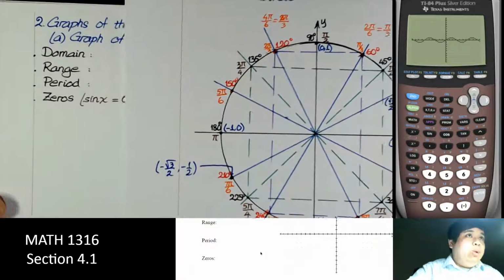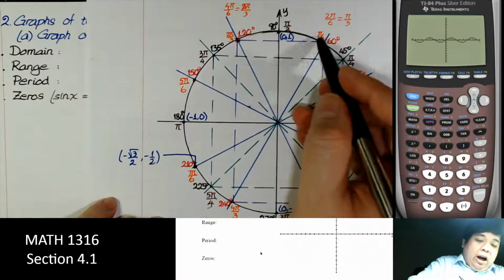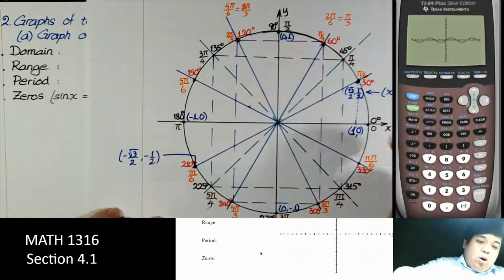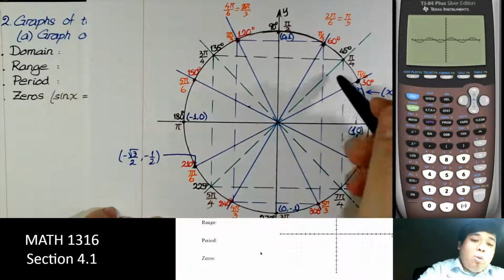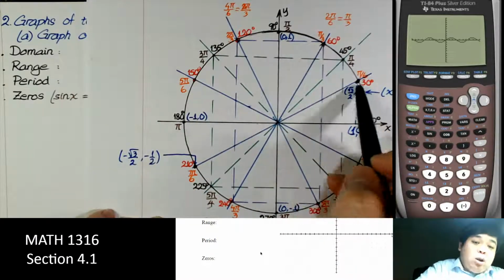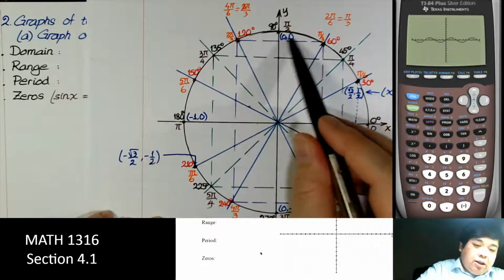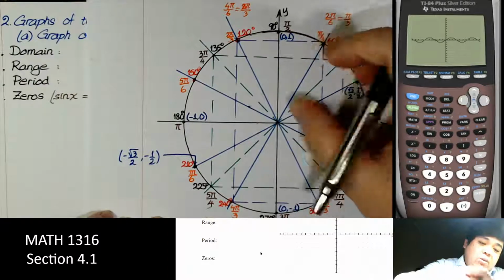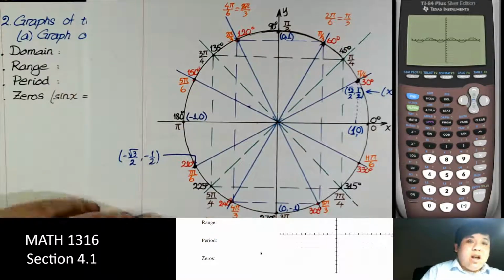Now, how do we determine the domain and the range? The domain: for every point on the unit circle, we can go around and around and around the circle. It doesn't matter where the point is. There are always the y values. There's always the sine values.